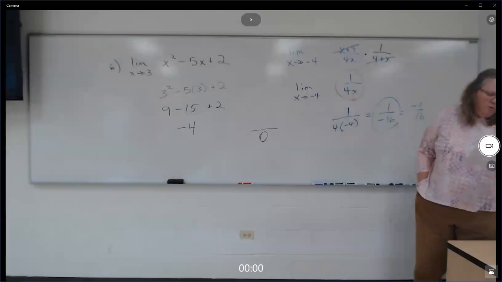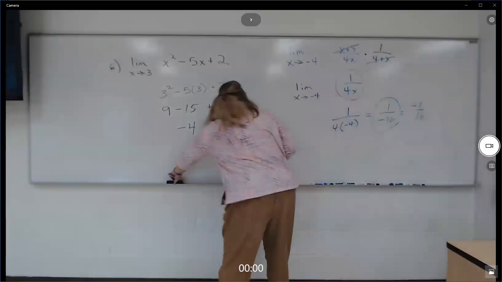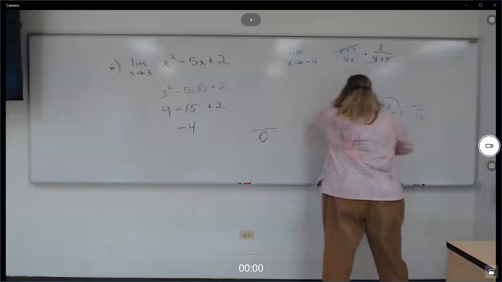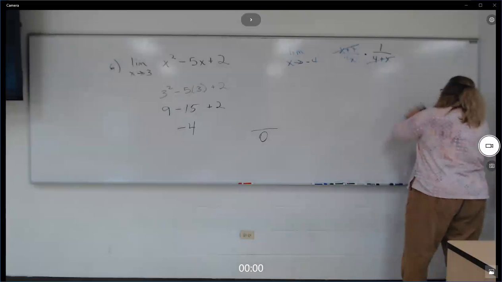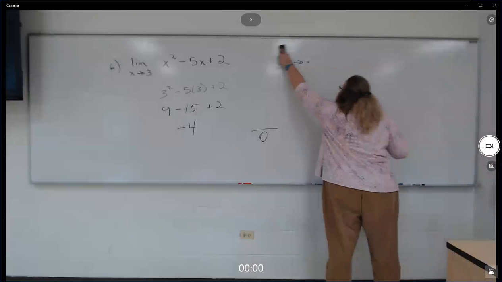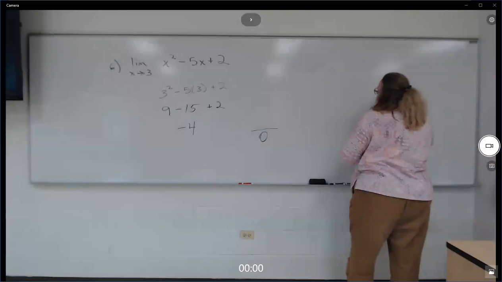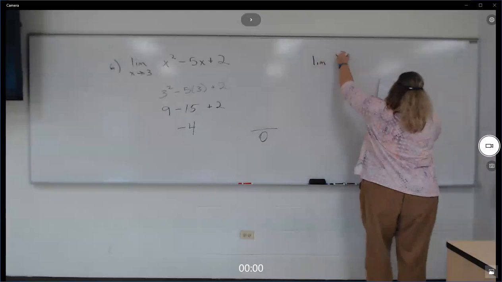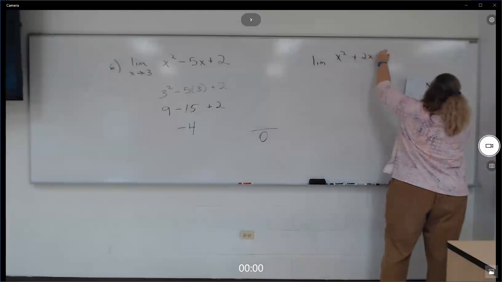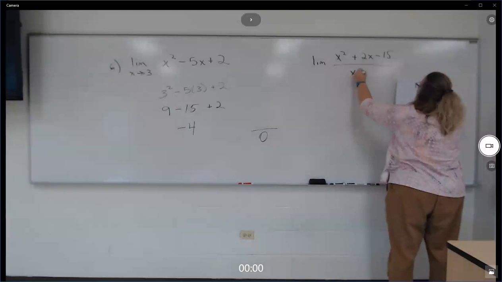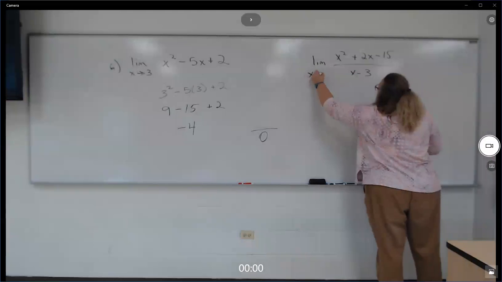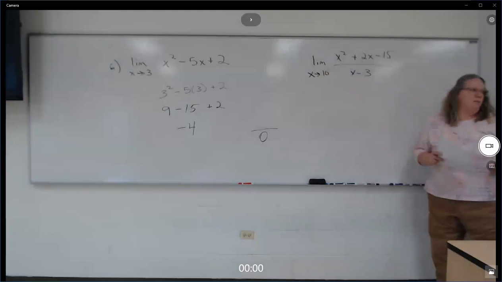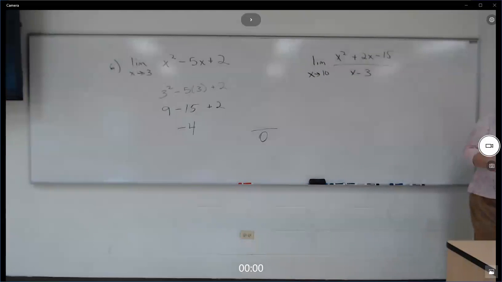Take a look at this, and you don't have to write it down. Take the limit of x squared plus 2x minus 15 over x minus 3. If I wanted the limit when x was 10, I'm plugging it in and getting an answer.